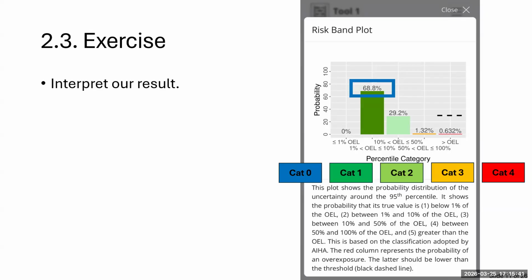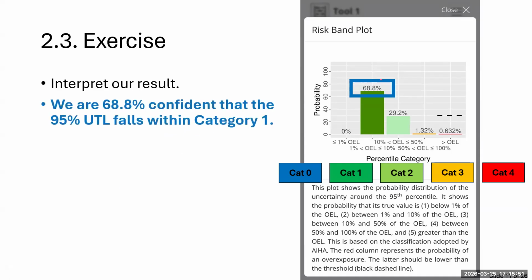Awesome. Both of you have a similar speed there. Okay, good. So yes, we are 68.8% confident that our decision statistic, which is the 95% UTL, falls in category 1.